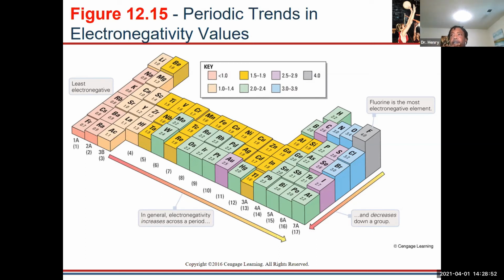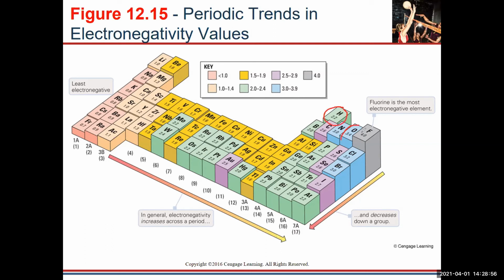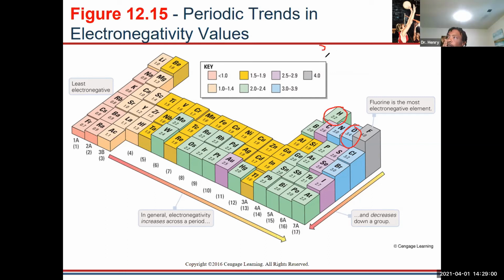So if we look at hydrogen and oxygen. Here's hydrogen, here's oxygen. So 3.4 minus 2.2. What does that equal? 1.2. So 1.2, is that polar, nonpolar, or ionic?